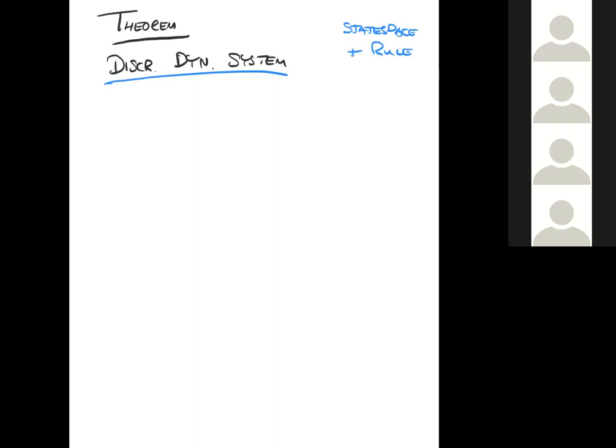Okay, so a system like this converges to an equilibrium state if the following things are true.